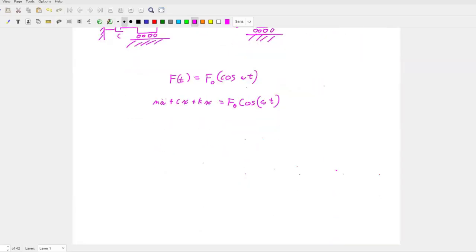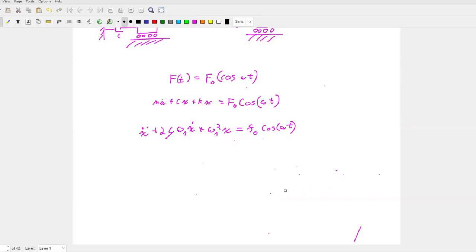So for convenience, we also want to write this in the standard form. And so that will be x double dot plus 2 zeta omega n x dot of t plus omega n squared x equals f naught cosine of omega t. Let's drop the of t.